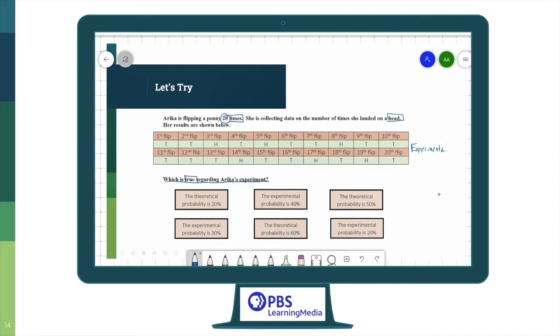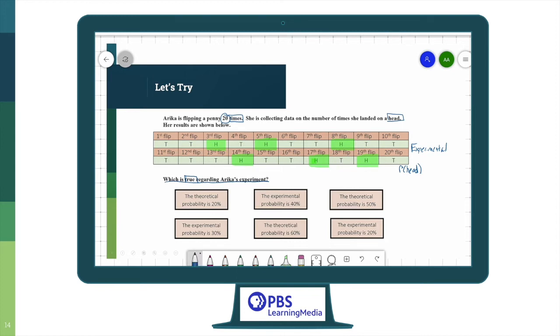The experimental probability of Erica landing on a head is, let's see how many heads we have. So we have 1, 2, 3, 4, 5, 6. And I just want to go back and double check to make sure I didn't miss any. The ones that are not highlighted are tails. So again, 1, 2, 3, 4, 5, 6.